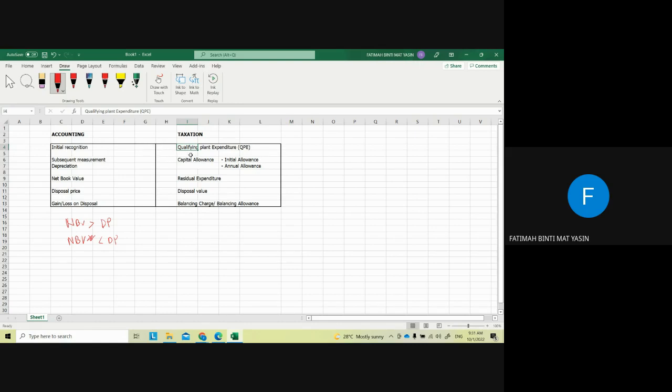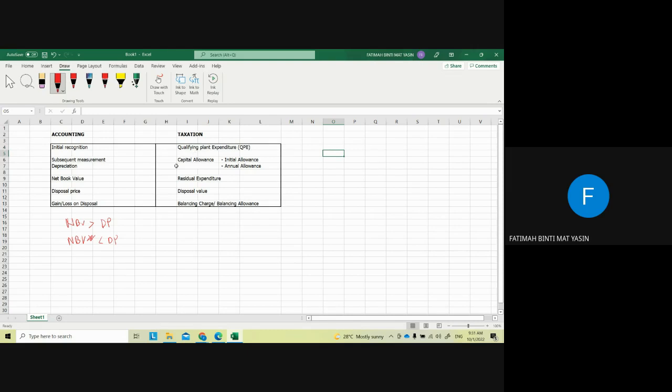This is qualifying plant expenditure, or QPE for short. It is usually based on the price the company paid, and if the company incurred installation costs and other things they need to pay, those may also be part of the QPE. We will discuss in detail after this, if we still have time.